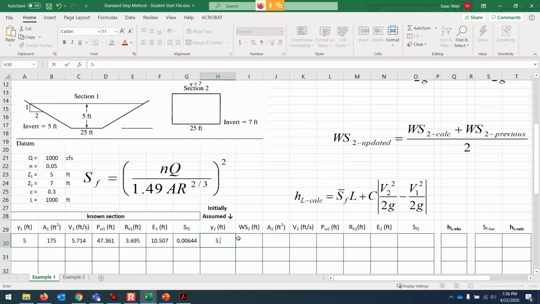Let's start with a guess of 5.1 as the depth at this upstream location, at location 2. And so if the water depth is 5.1, then the water surface will be the depth of water plus the Z2. So anchor that reference.